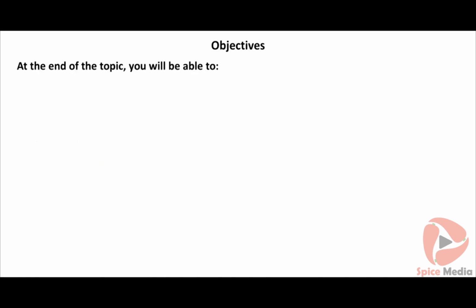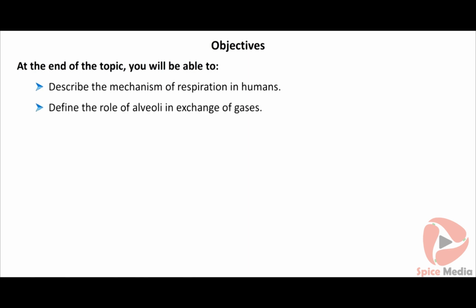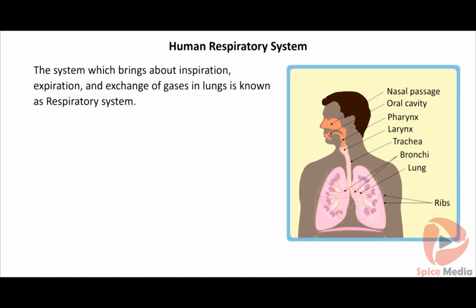At the end of the topic, you will be able to describe the mechanism of respiration in humans, define the role of alveoli in exchange of gases, and discuss the structure and functions of lungs. The system which brings about inspiration, expiration and exchange of gases in lungs is known as the respiratory system.